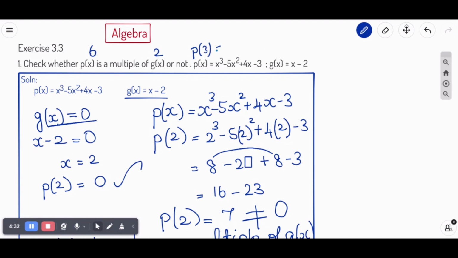Suppose p of 3 gives 0, then x minus 3 is a factor of this one. But here they have given g of x as x minus 2. So if you equate x minus 2 to 0, x is equal to 2. We put x is equal to 2 and you are not getting a 0. So this is not a multiple. Okay, thank you.